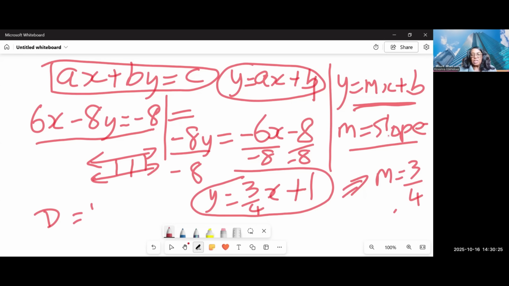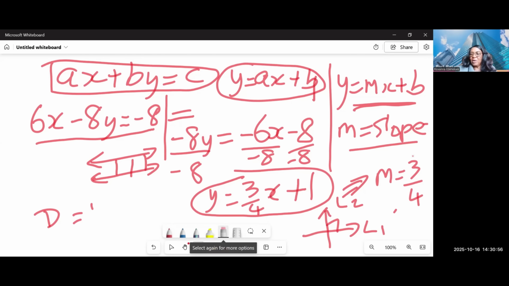Okay, so I'm going to clean this space. But what if I'm told to find the slope of a line perpendicular to this line? If two lines are perpendicular, their slopes are negative reciprocals of each other. For example, if this line is perpendicular to this line, call this one line 1 and this one line 2.